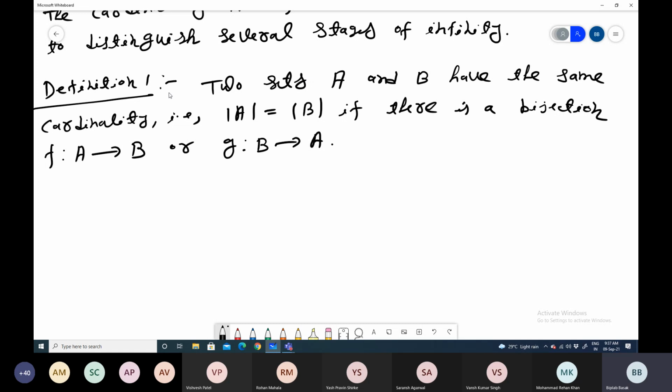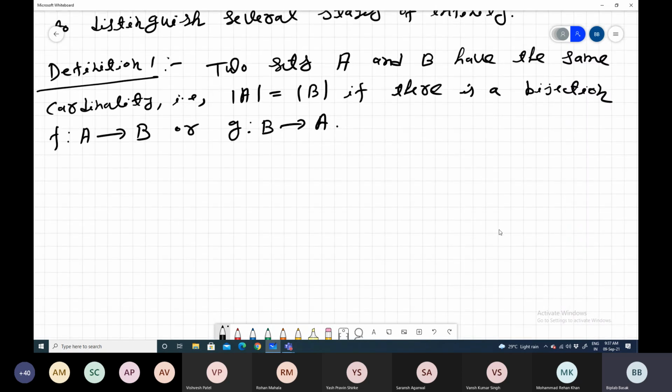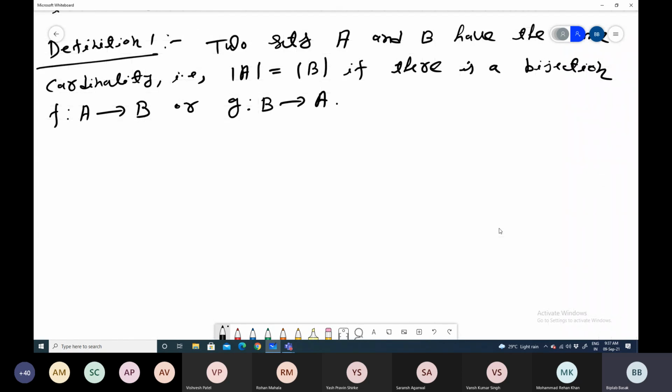This definition works for infinite sets as well as finite sets. If you have two finite sets with a bijection, they should have an equal number of elements, so they have equal cardinality.